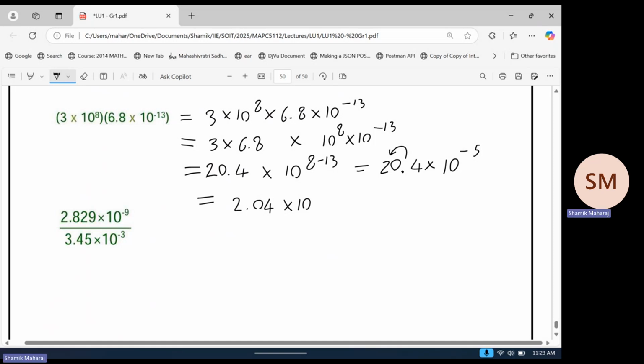So we move 1 back, so we get a minus 1 here, and this 10 to the minus 5 is still there. So I just worked with the 20.4, and now we can combine the two exponents. I wrote the wrong thing. As 2.04 times 10 to the minus 1 minus 5, 10 to the minus 6. Is that right? Okay.